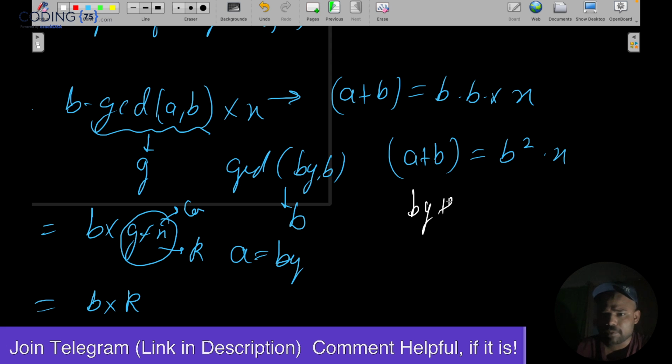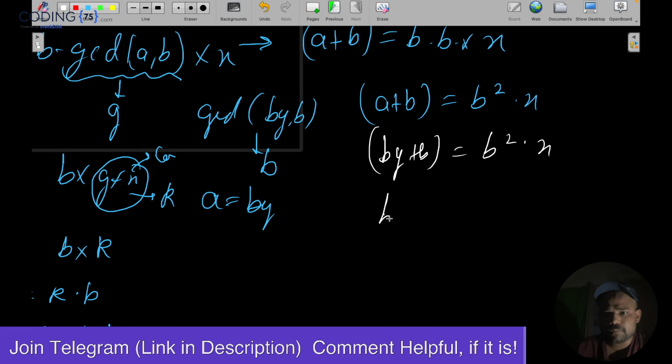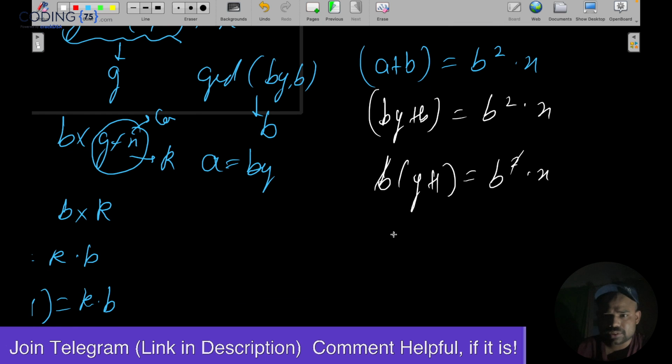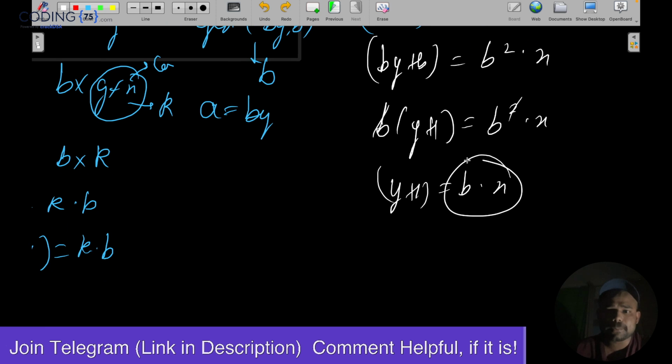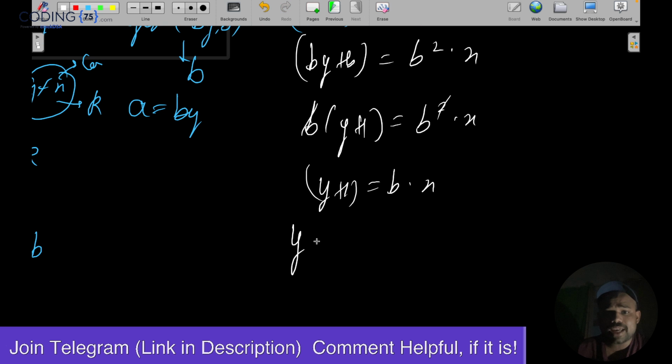So I will say BY plus B is equal to B square into X, and we will say B(Y plus 1) is equal to B square into X. B we will cancel, so Y plus 1 is equal to B into X. So Y plus 1 is actually a multiple of B. Or we can say Y is nothing but a multiple of B minus 1. For example, if let's say B is 3, then what will Y be?